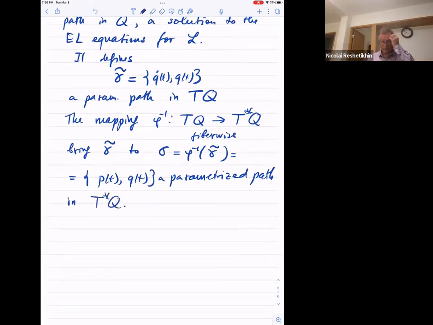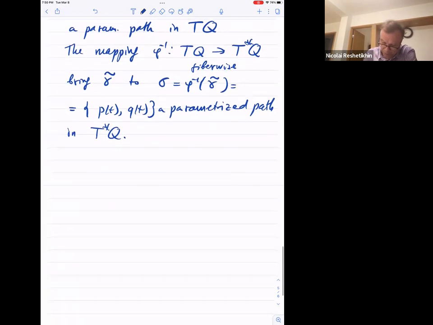So very nice. So now the question is, can we describe this parameterized path on the cotangent bundle in some good terms? And it turns out, yes, we can.